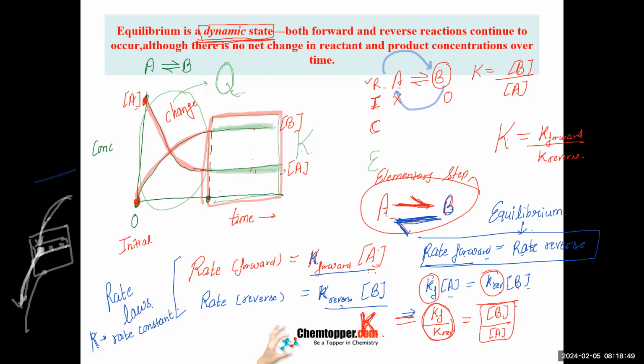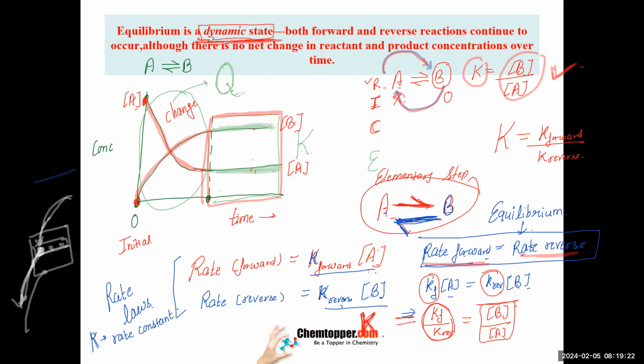But things are happening. And the rate of the forward direction is the rate of the reverse direction. If one A is converted to B, at the same time, one B is converted into A, so that this ratio B to A, which I'm calling K, the equilibrium constant, is a constant value. It will not change. That's the meaning of dynamic, children.